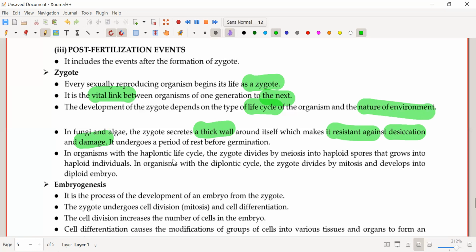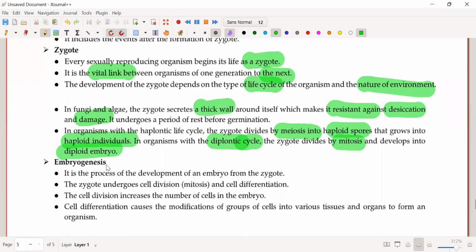In an organism with a haplontic life cycle, the zygote divides by meiosis into haploid spores that grow into haploid individuals. In an organism with a diplontic cycle, the zygote divides by mitosis and develops into a diploid embryo.